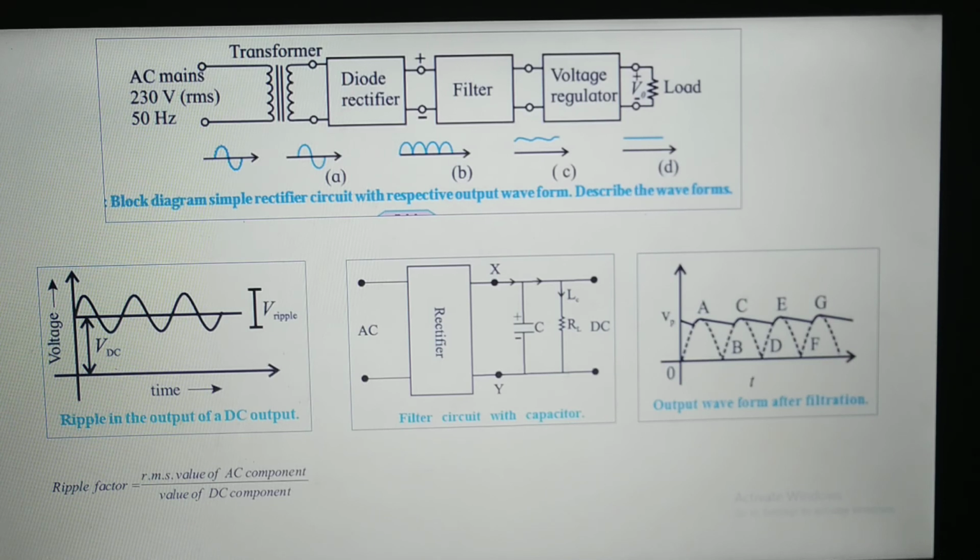The AC component will be blocked. But this output is unregulated. So in order to regulate it, we need to pass it through the voltage regulator. Then only will we get a pure DC output, which we can input to our electronic devices.